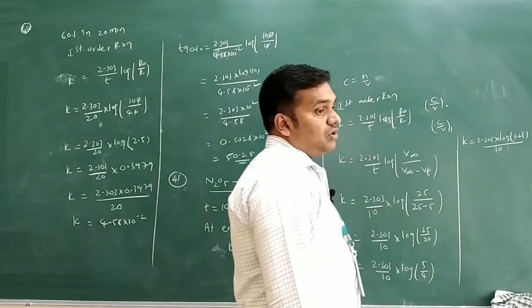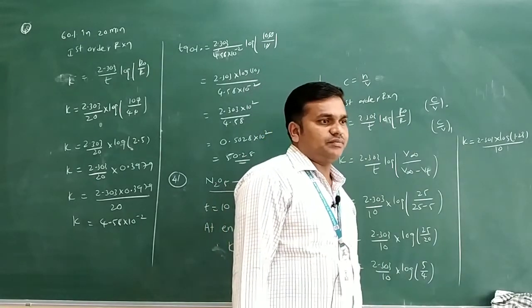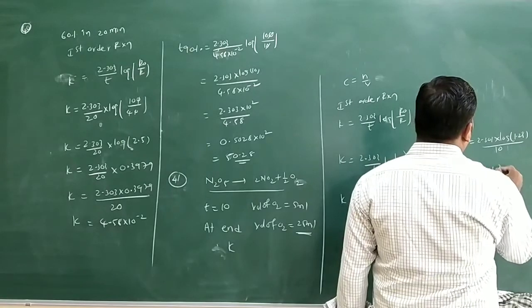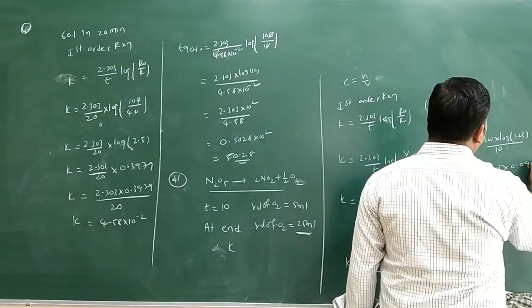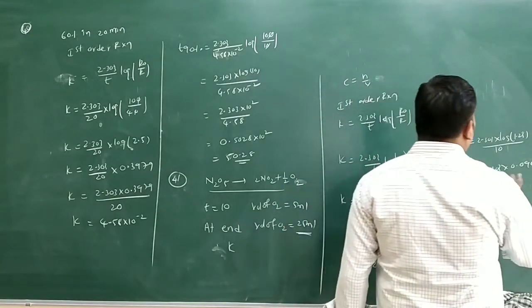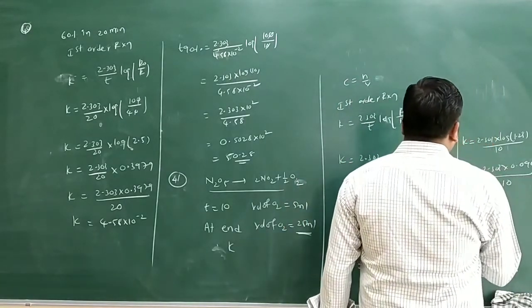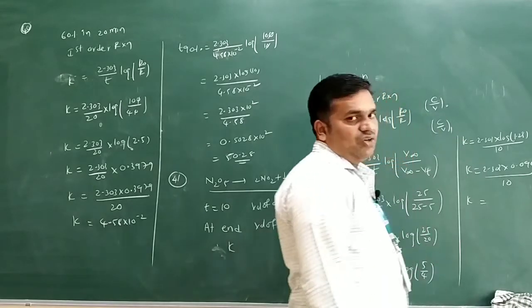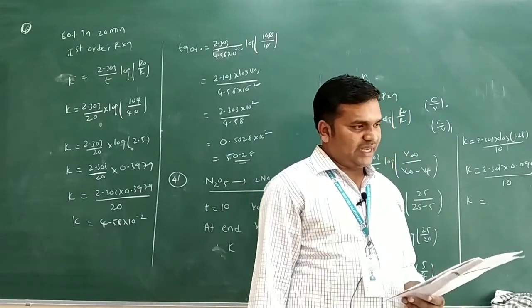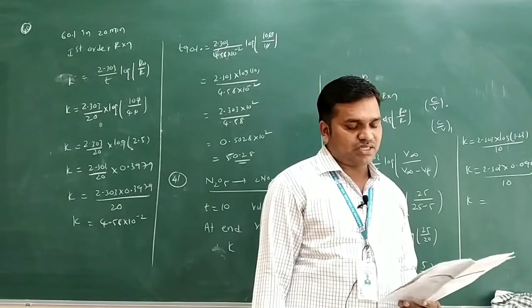Clear? So log 1.25 value you can see, it is 0.0969 I think. 0.0969 by 10. So if you see the answer here, we have options given: 25 seconds, 15 seconds, 220 seconds, and none of the above.